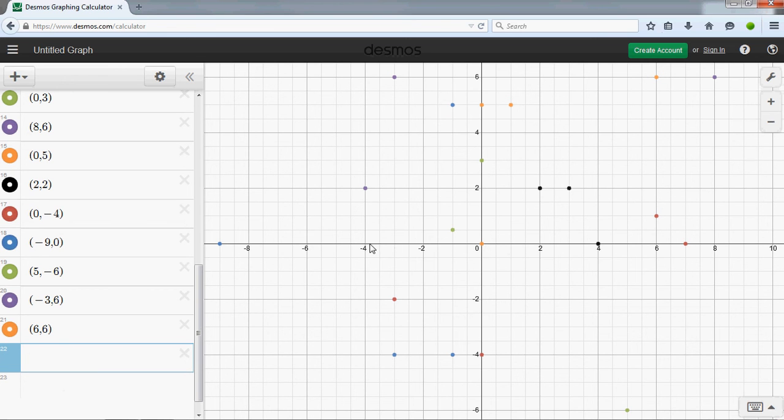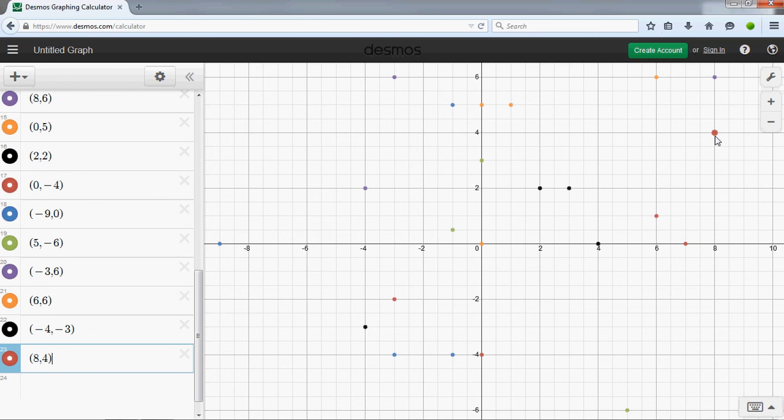Well, we'll go over 4, and then negative 3 on the y-axis should be down here. Now what about (8, 4)? This is our last one. So we go over 8 on the x-axis, and on the y-axis we go up 4, a positive 4.